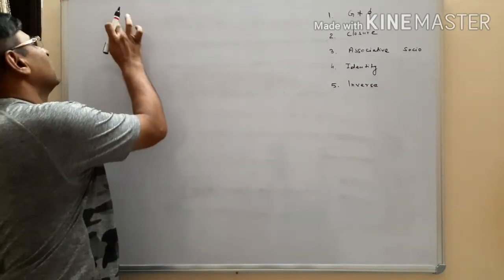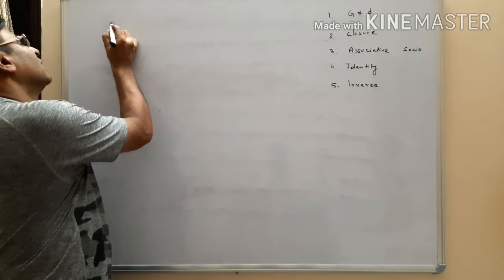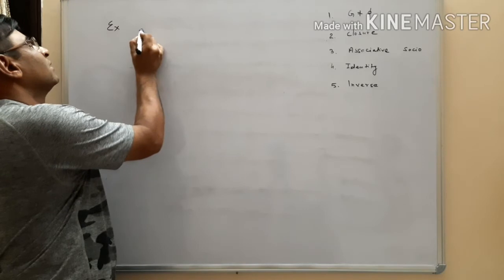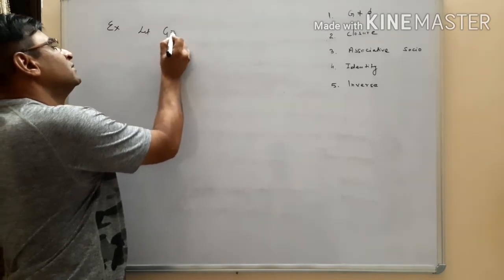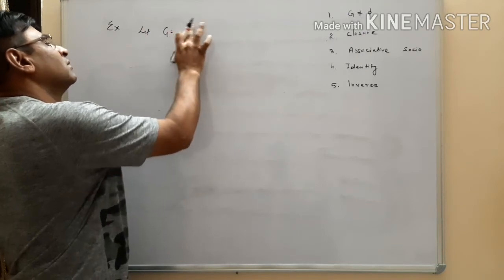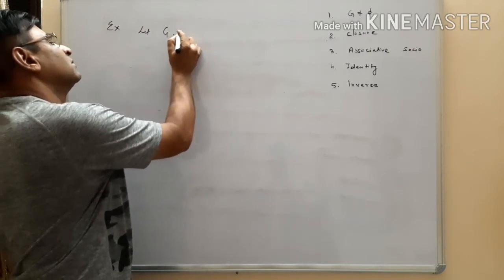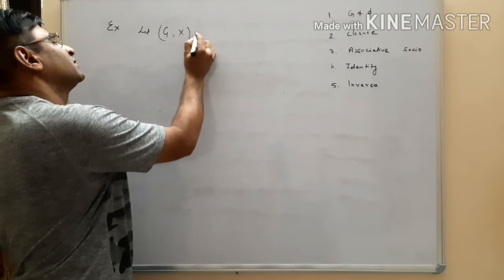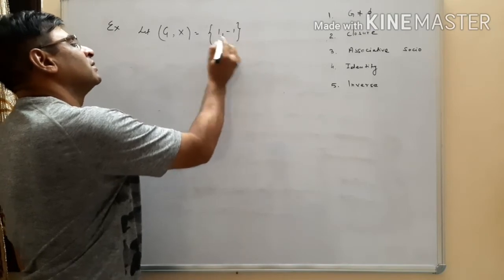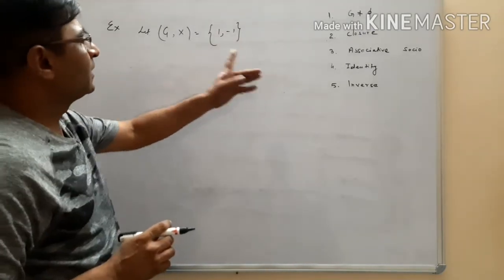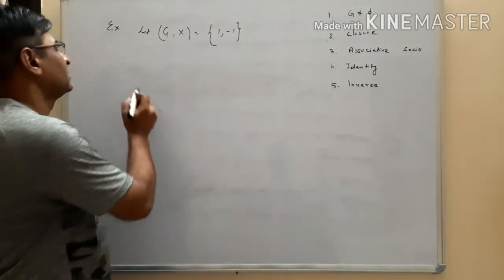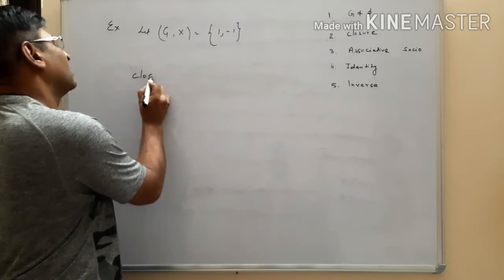So we check a small example. Example: let G contain 1 and minus 1, the operation is multiplication. Then we check, obviously the first one, it is non-empty. Now we check the closure.